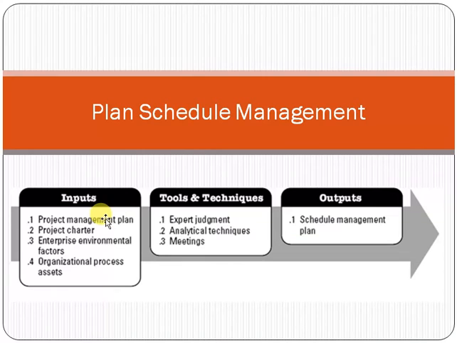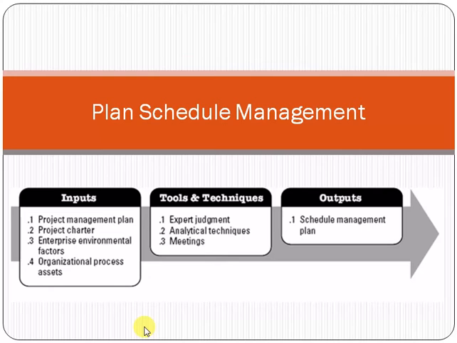Project management plan, project charter, enterprise environmental factors, organizational process assets. These are the inputs for plan schedule management. The tools and techniques are expert judgment, analytical techniques, meetings, and the output is the schedule management plan. Friend, this is plan schedule management: inputs, tools and techniques, and output.